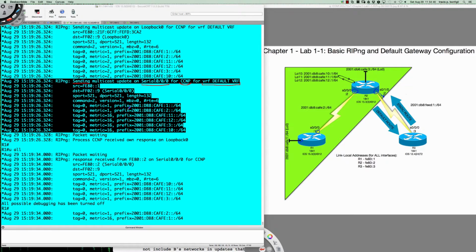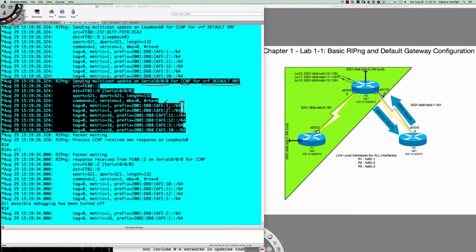Remember before, what did the update that router 1 sent look like? Well, absolutely right. It was only 2 routes: the loopback address and the transit network. That was what router 1 was sending to router 2, because before we were running split horizon.